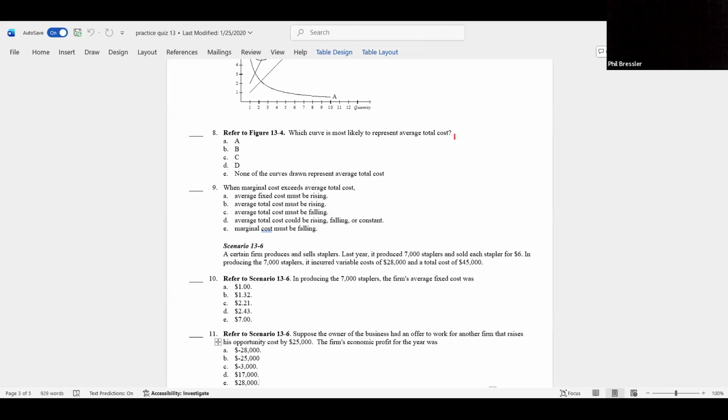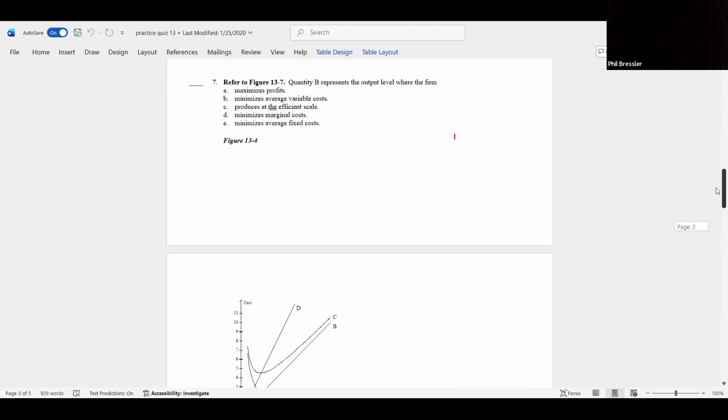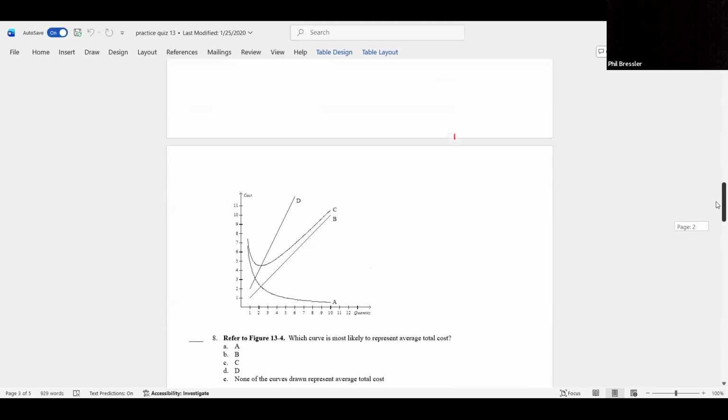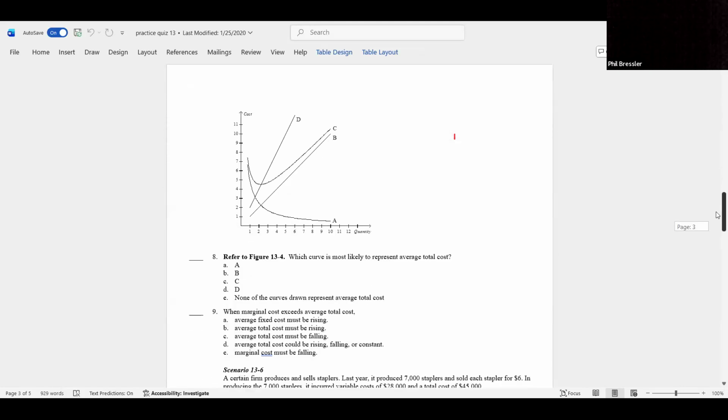Okay. Question from the chat. Let's see what the question is. What was on figure 13.4? Okay. I have no idea, but let me look at what 13.4 is. Oh, 13.4, Mikey, is this graph right here.